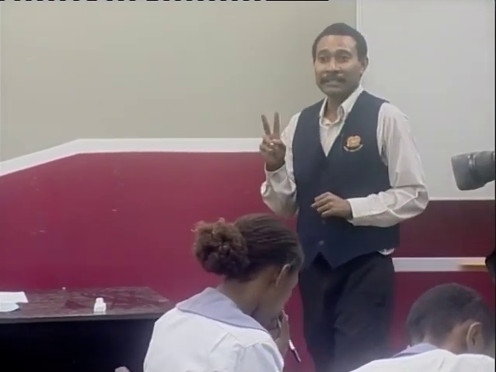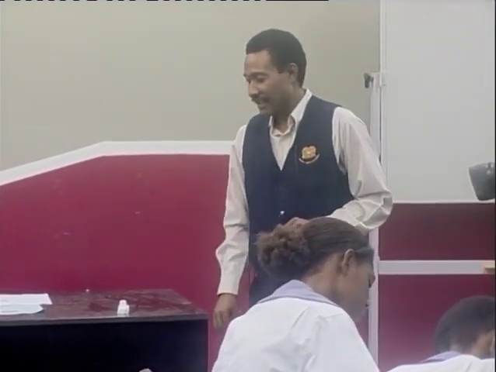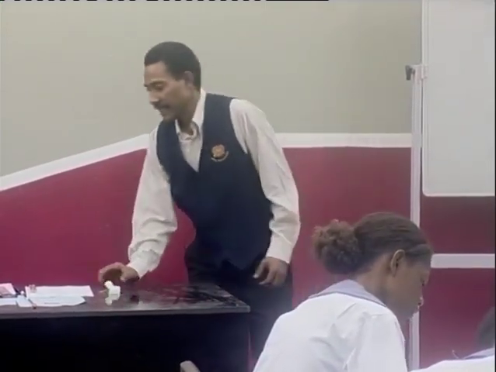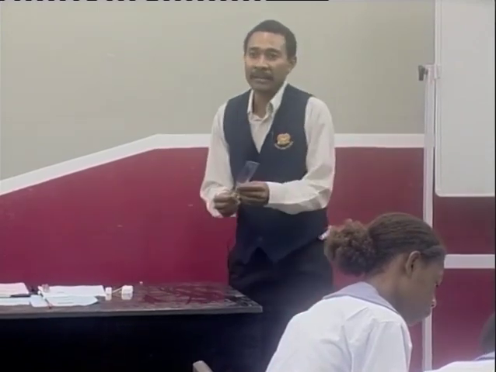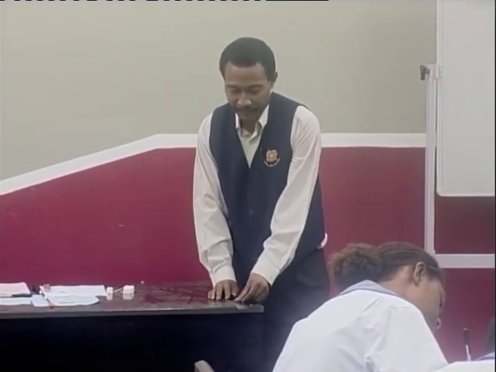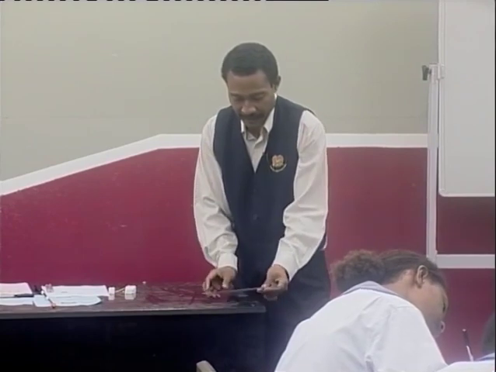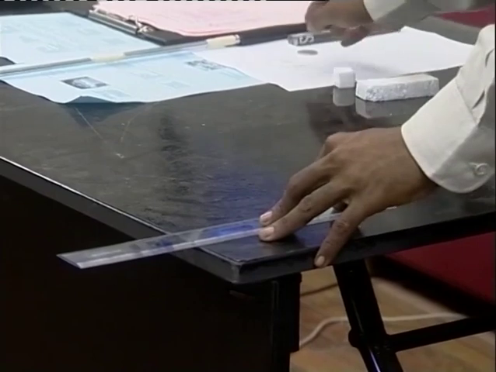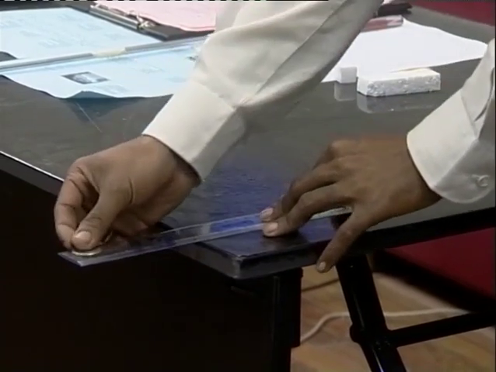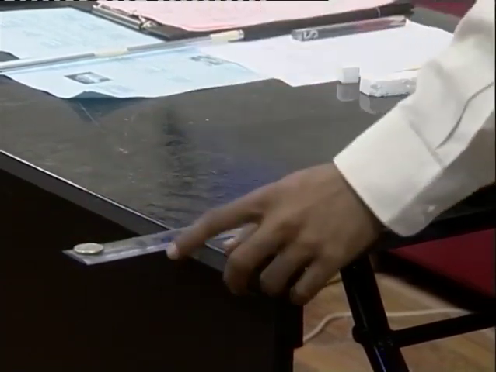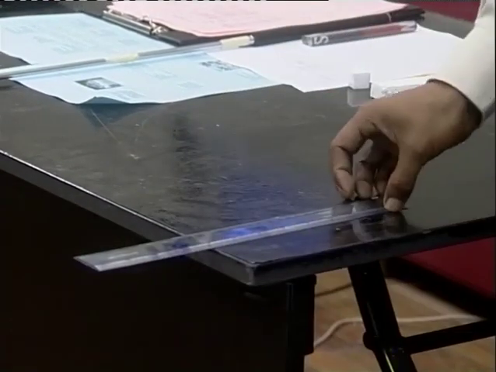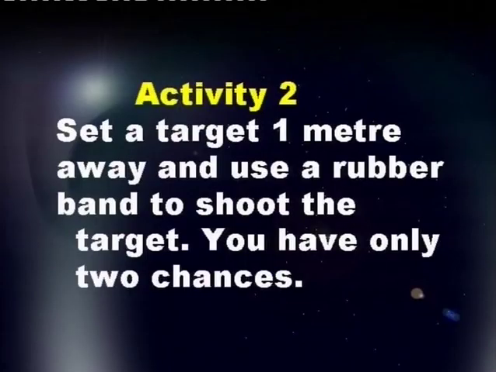You will have 2 chances before the next person. Third activity, you will have a ruler. Place it out about 10 centimeters off the edge of the table. And you will put the coin and you try to launch this. You may start now.